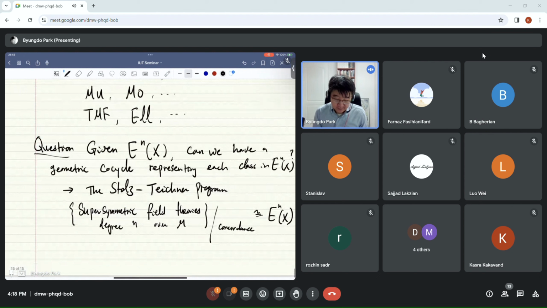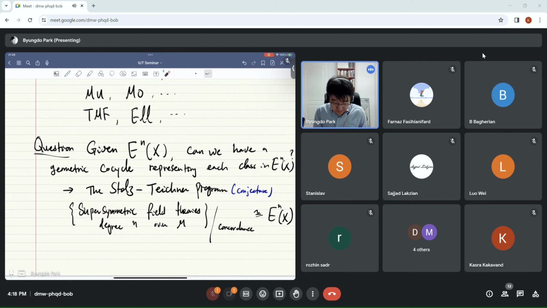So I don't know whether we should call this program a conjecture, because really not much is known about this. I think for H^n(X) it is clearly known, but then for K theory, not sure. Off the top of my head, I don't remember a reference actually.